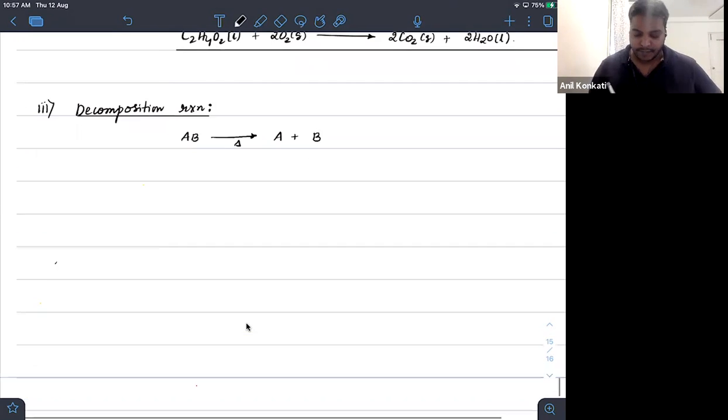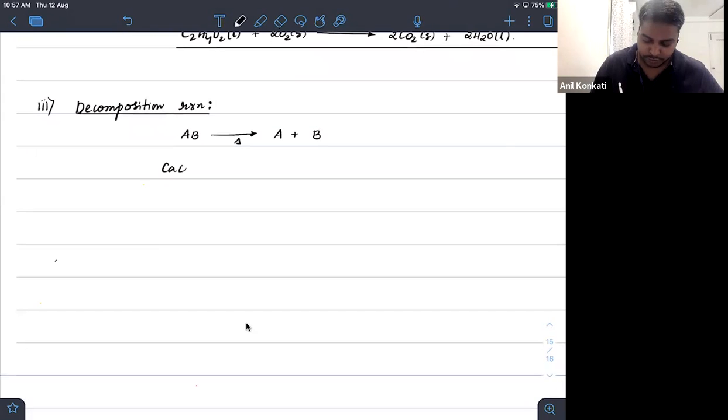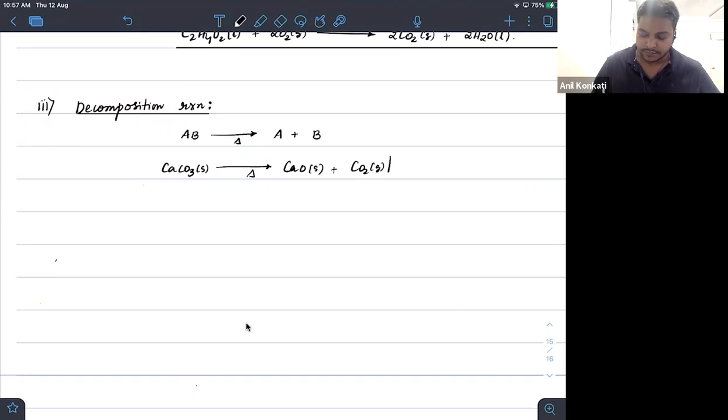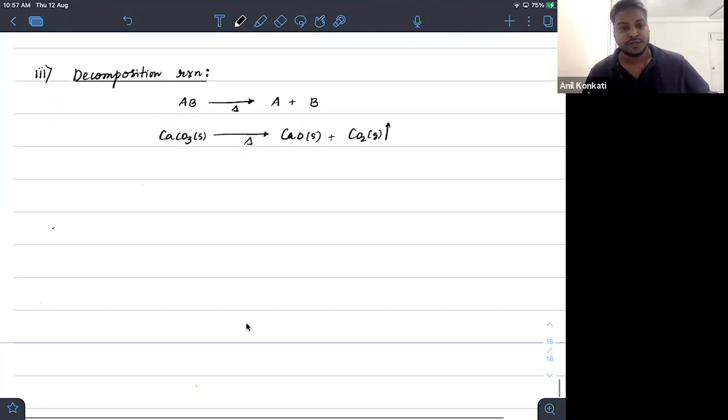For instance, calcium carbonate on strong heating becomes calcium oxide, and carbon dioxide gas is released. This is called a decomposition reaction.